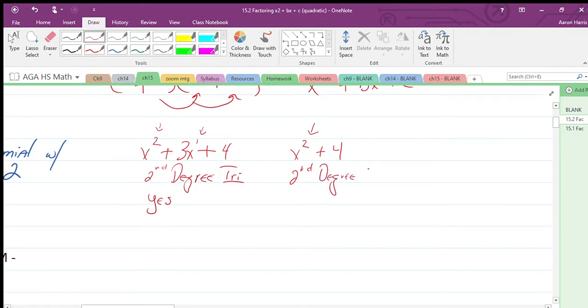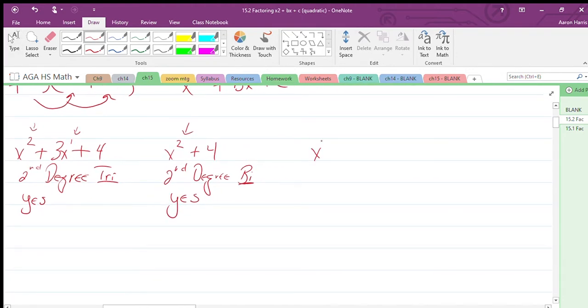That's correct, a binomial. So yes, this is still a quadratic. What if I had just plain old x squared? Yes, because the highest degree is there. So I have a second degree what? Monomial. So this is still a quadratic.